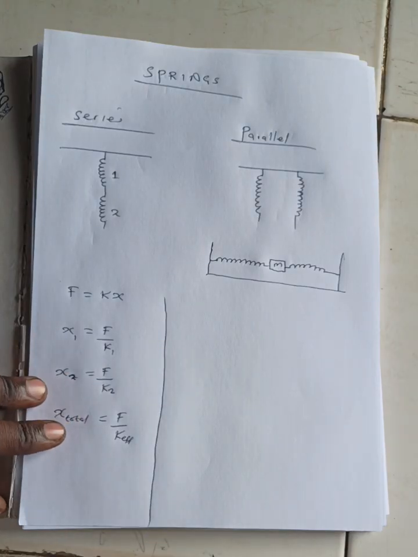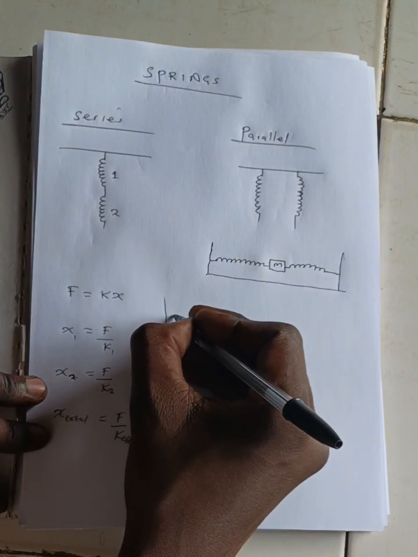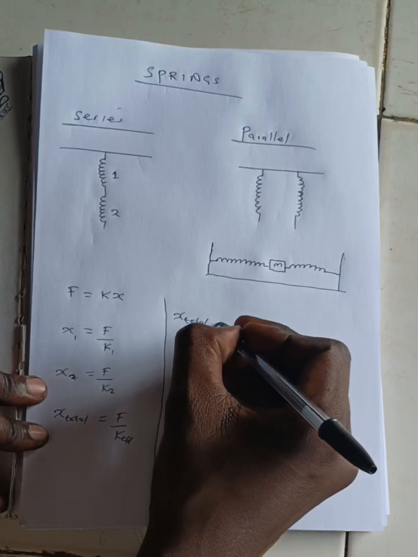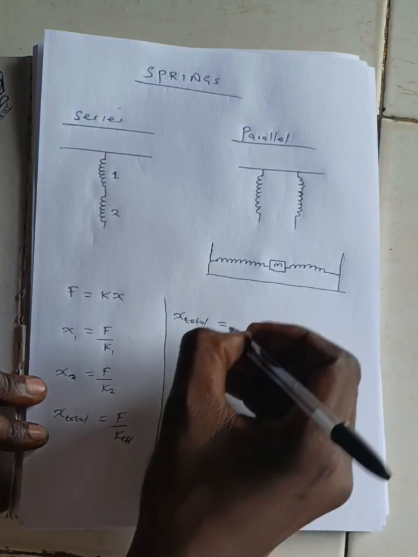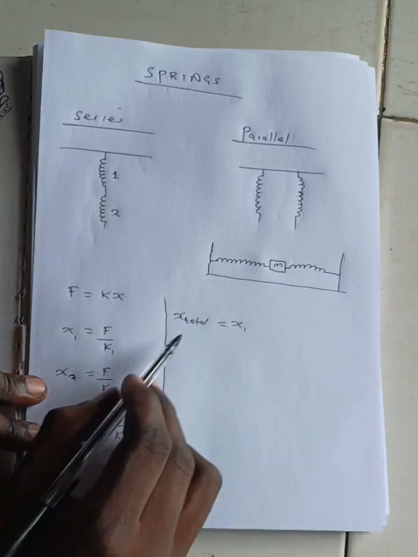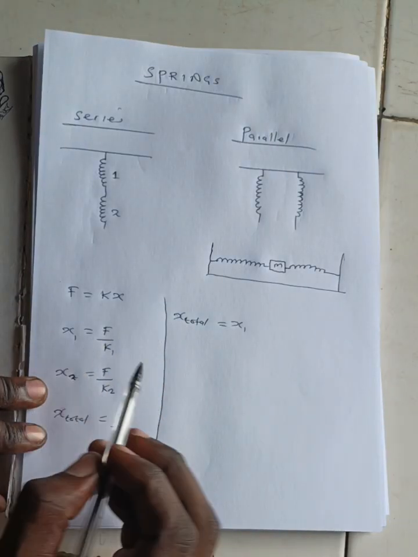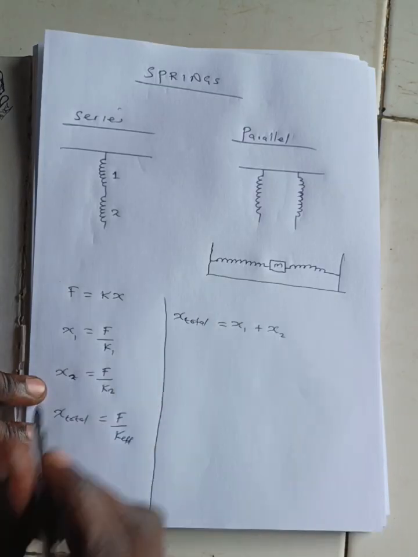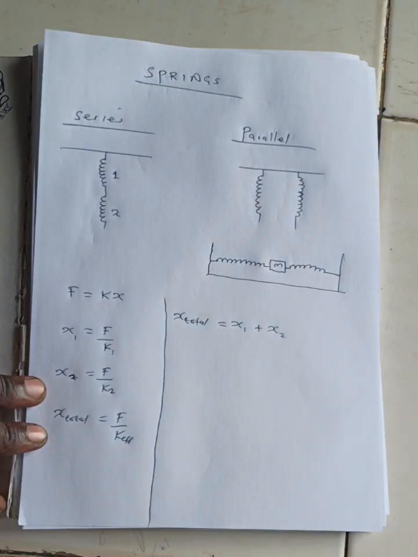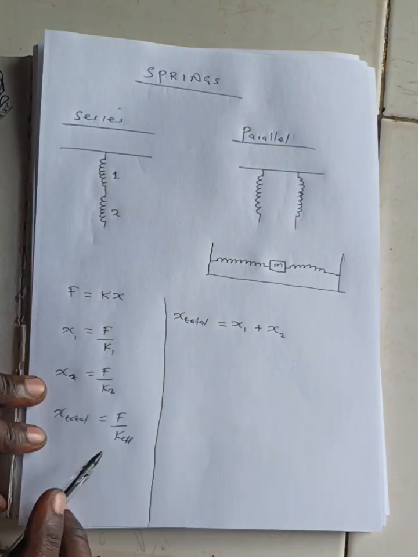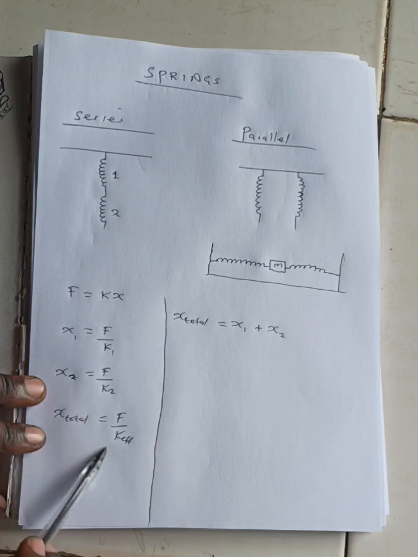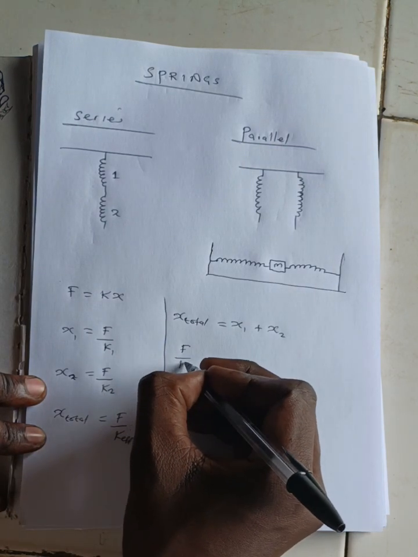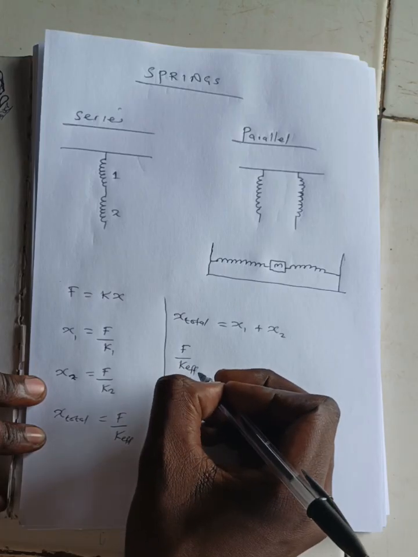Therefore, the total displacement will be equal to displacement number one added to displacement number two, like that. Then when we replace x total, we are going to have our force divided by the effective spring constant.